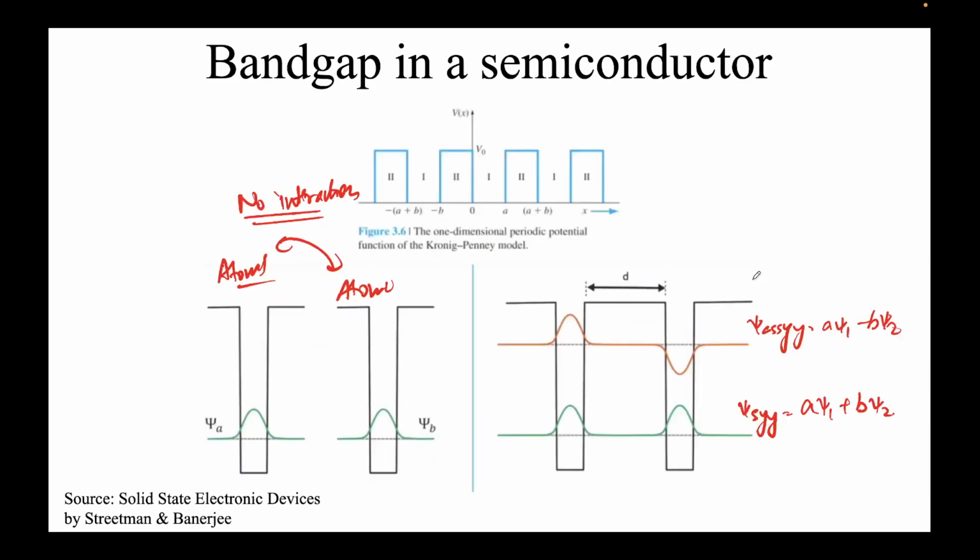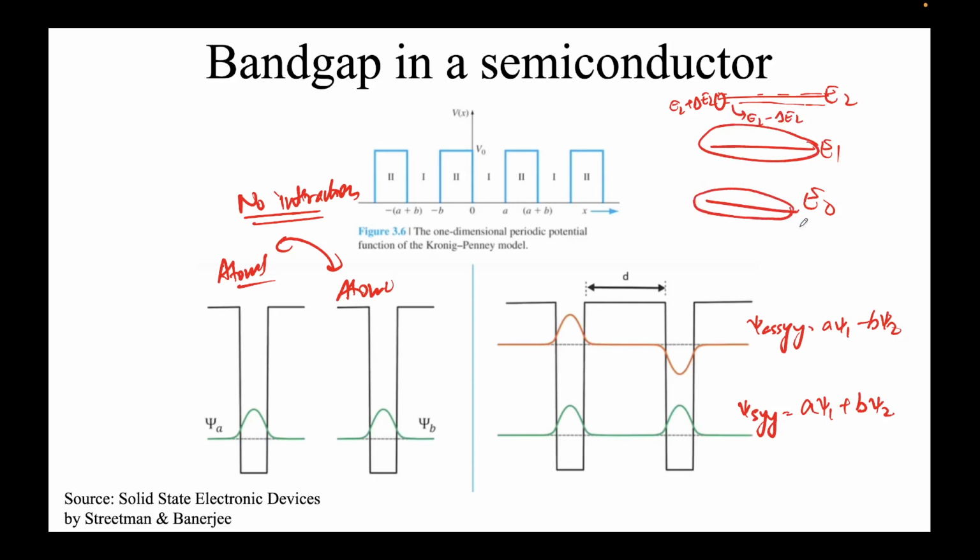The effect is that the energy, rather than being the same, like E0 or E1 or E2, will create more states. You can see that this will become E2 plus delta E2 and E2 minus delta E2. This will happen for everything. So rather than a single state, they will start to form a band.